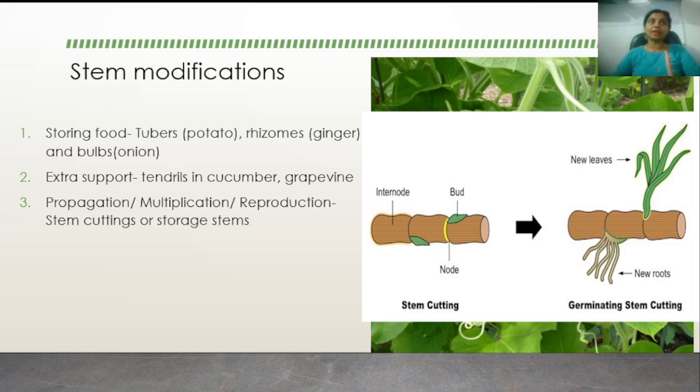So the stem cuttings, if they include a nodal region, the nodal region of a sugarcane would be the ring-like lines that you can see around the sugarcane stem. As long as the cutting includes the nodes, if you sow it in the soil, if the conditions are right, the roots and the leaves can develop from it. But if you cut it away from the nodes, then it will not develop.